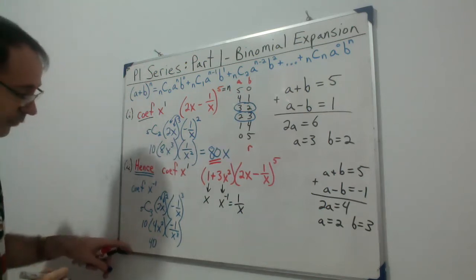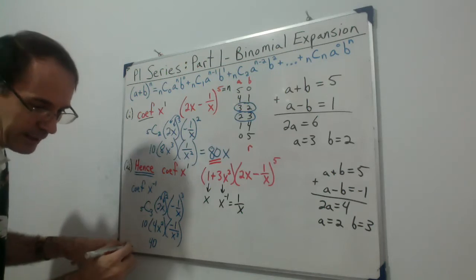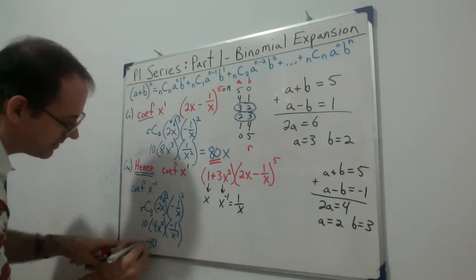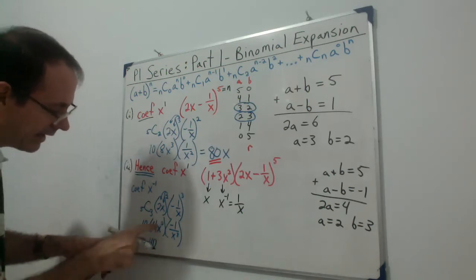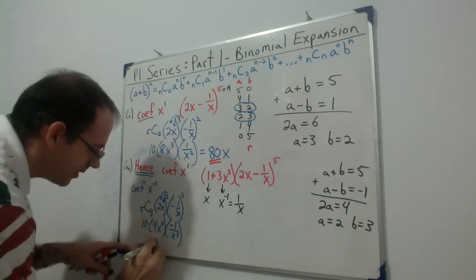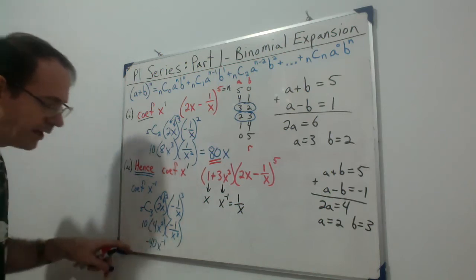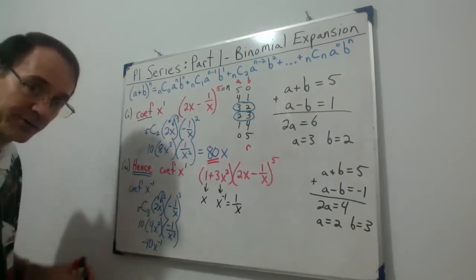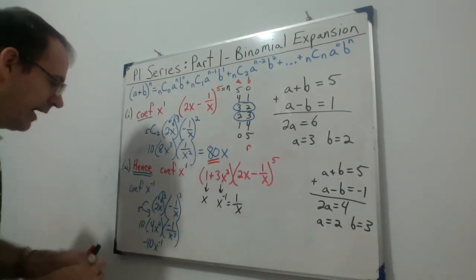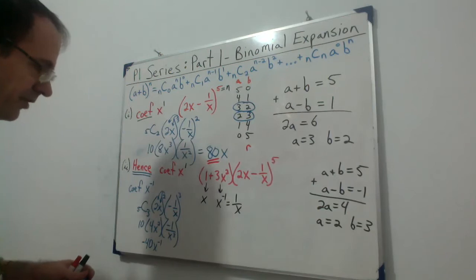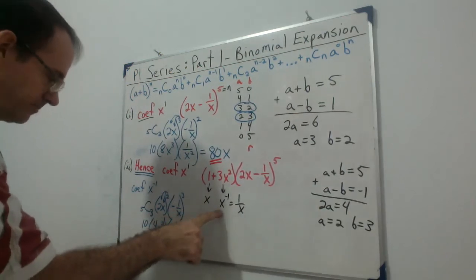So we get 40, and we have a negative because of our negative 1. And x squared over x cubed is our x to the negative 1, or you could put negative 40 over x, same thing. And that is the term that we need for right here.